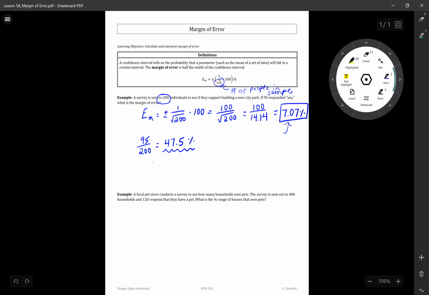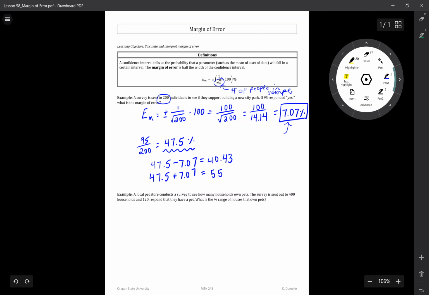So if I take 47.5 minus 7.07, this is my lower bound. So 47.5 minus 7.07 is 40.43. And 47.5 plus 7.07 is equal to 55.2.